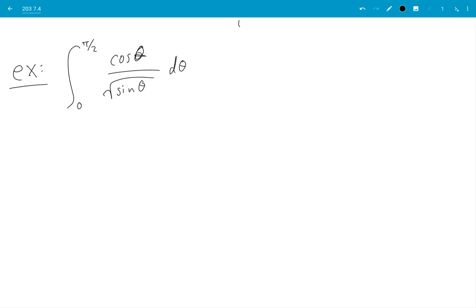Well, it happens when the denominator is 0. Is 0 when sine theta equals 0? So where does that happen? Does it happen at 0 or does it happen at pi over 2? It happens at 0.